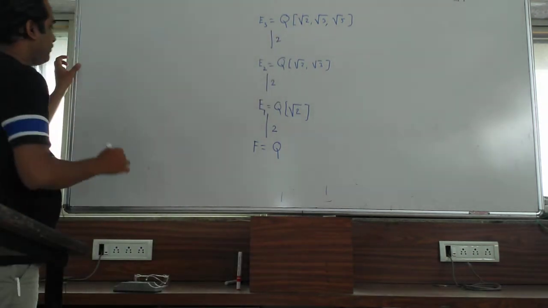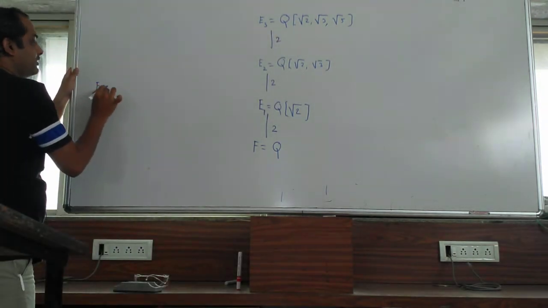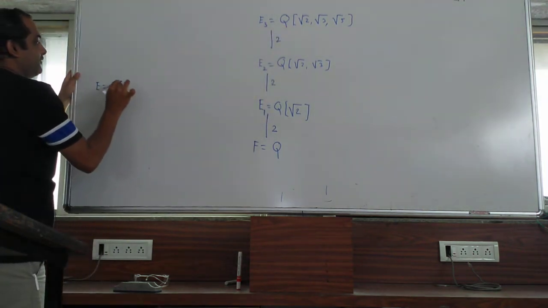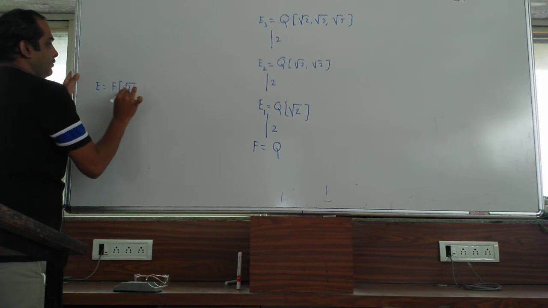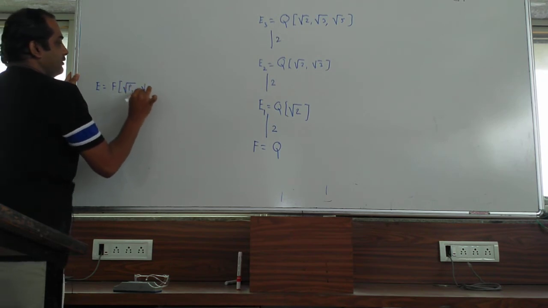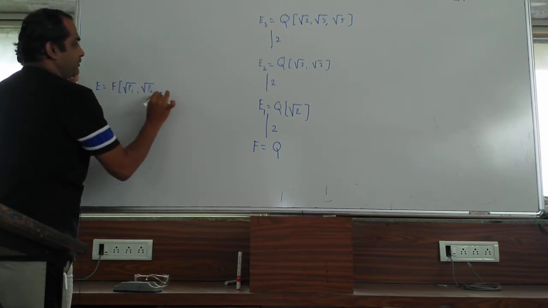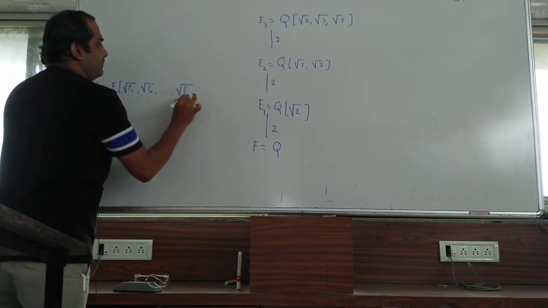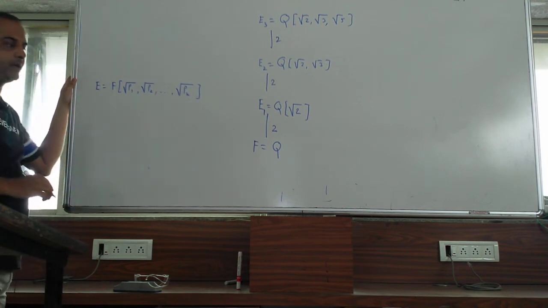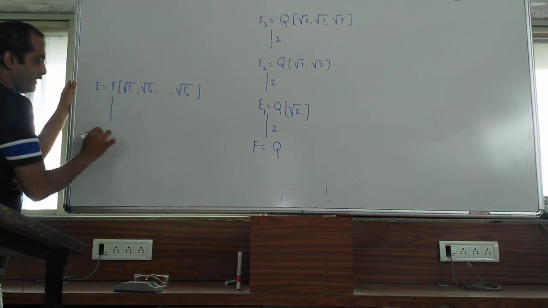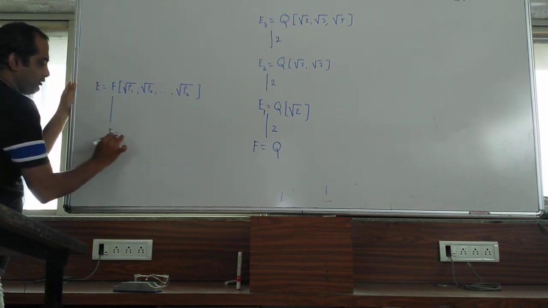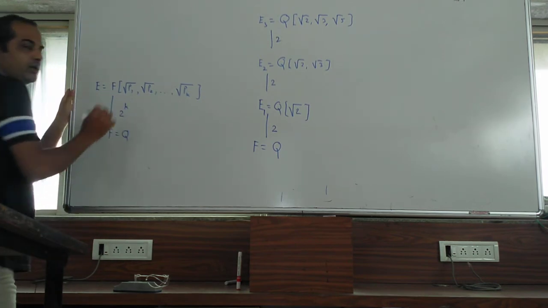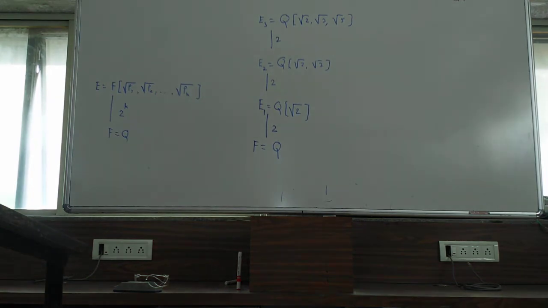So in general, this is your F. If your E is F(√p1, √p2, ..., √pk) with k primes, then the degree of extension of E over F is exactly, not less than or equal to, exactly 2 raised to k.